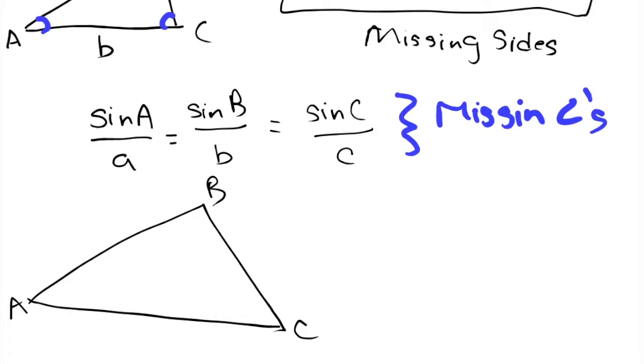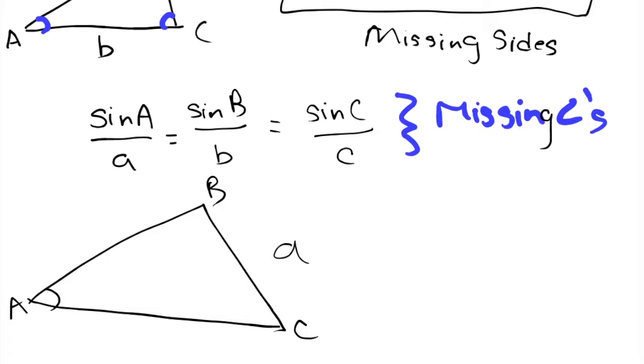If you really want to use the sine law, whether you're solving for missing angles or missing sides, you have to remember that you have to complete an entire ratio. So you have to have either angle A and side A, or any one complete ratio.